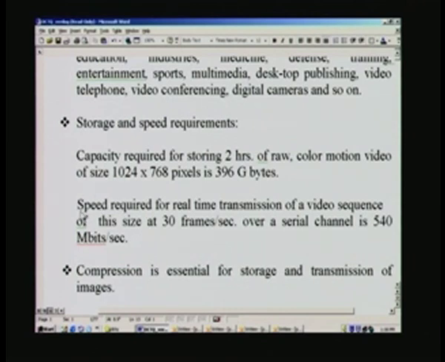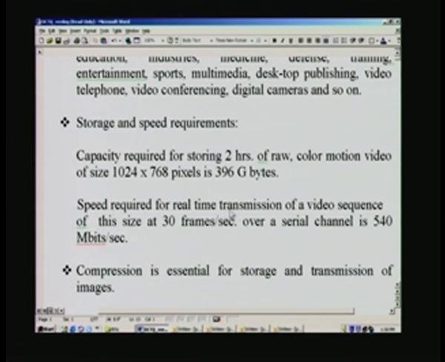The point here is we need to compress, and after the compression we need to transmit over the serial channel. If you are to transmit this same thing without compression, namely the raw signal, you require a very high speed channel.